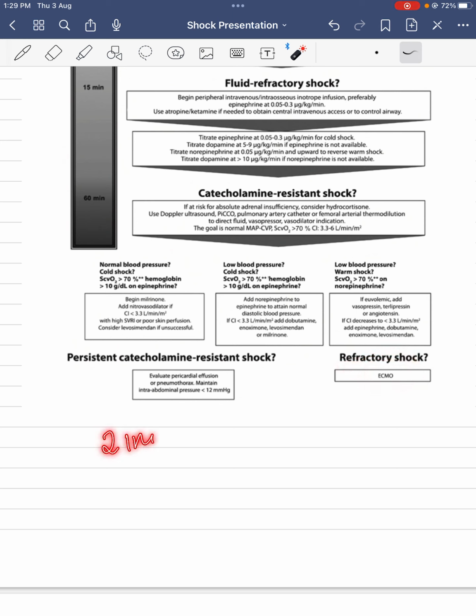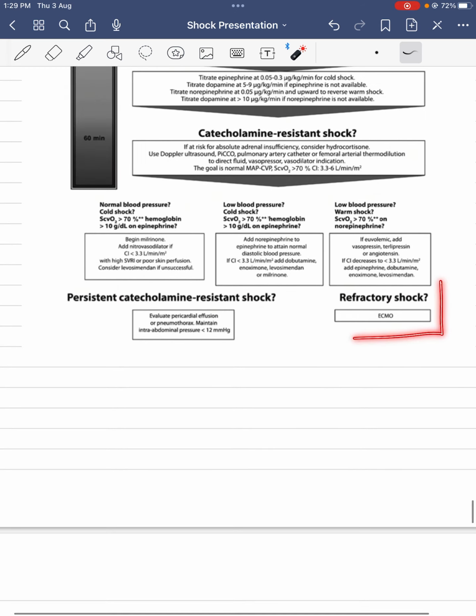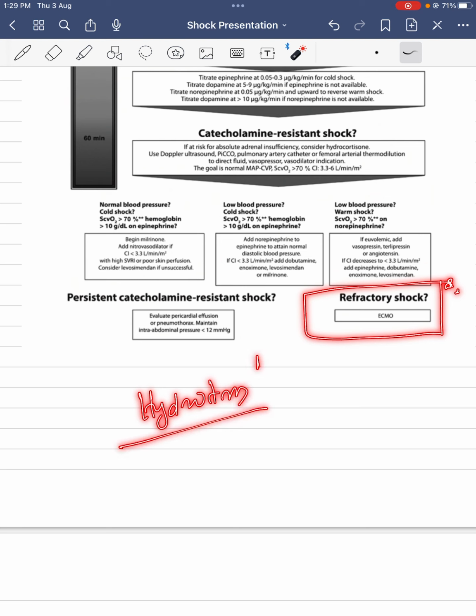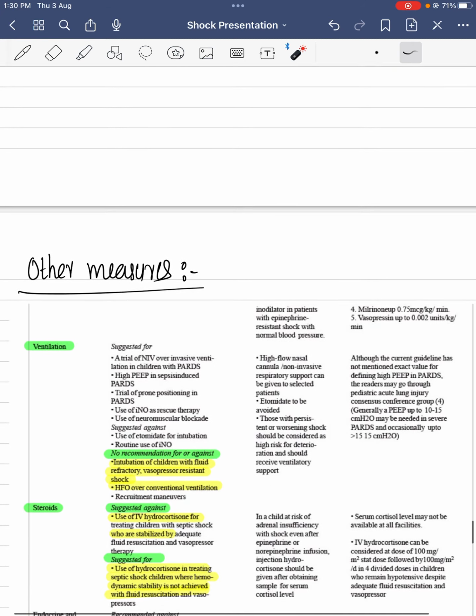So only 2 inotropes are needed. Is that clear? If still not responding, ECMO, but in the latest international guideline regarding septic shock, we can try hydrocortisone. That I will tell in the last. Whether any evidence regarding giving hydrocortisone is there or not, I will discuss at the end of this slide.